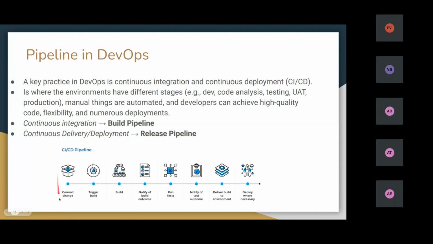Okay, the first step is that a change is committed. Like for example, in version control, a new code came to the version control. A developer pushes new code to Git. Suppose our version control service is Git, a new code is committed to the version control.